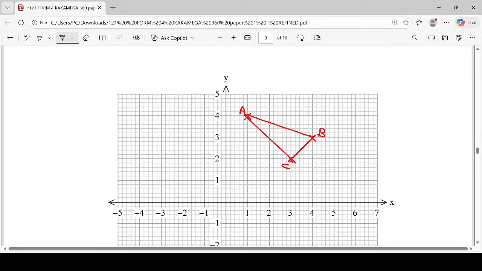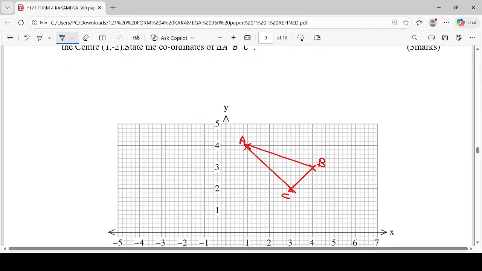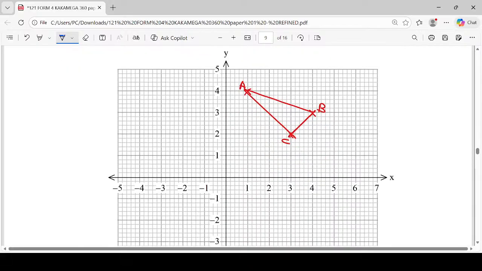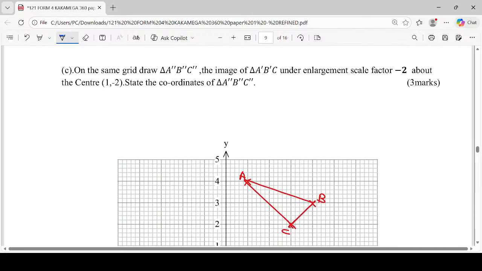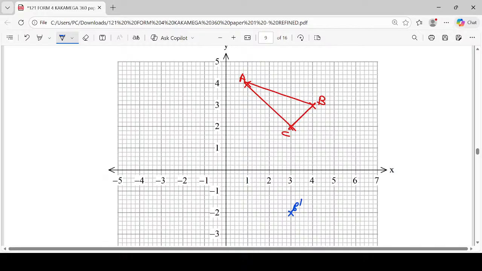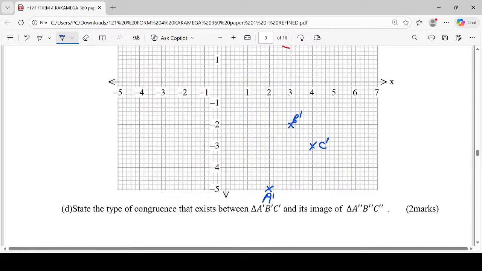B prime (3, -2) is here. That is our B prime. C prime, we are having (4, -3). (4, -3) is here. That is C prime.